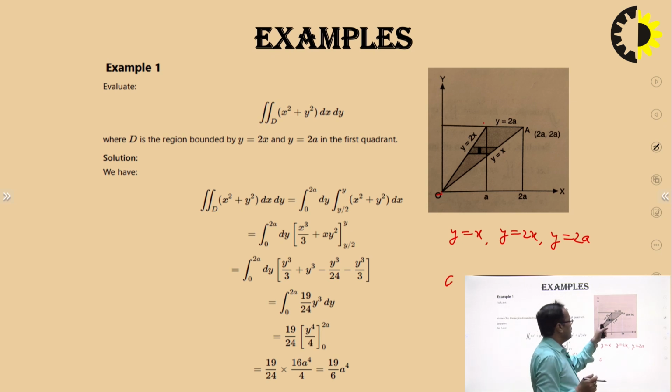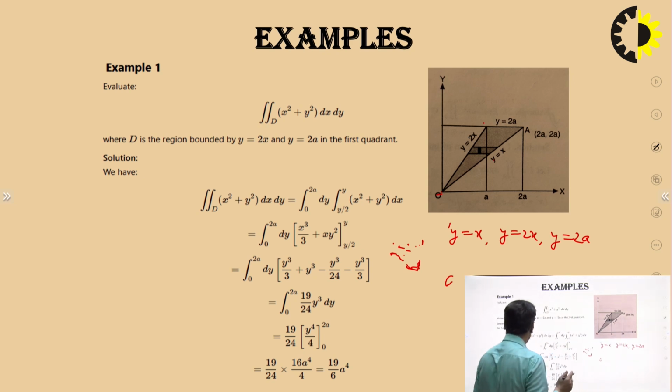We make a horizontal strip. For x, this is the lower limit and this is the upper limit. For y, this is the lower limit and this is the upper limit. So x varies from y by 2 to y, and y varies from 0 to 2a.